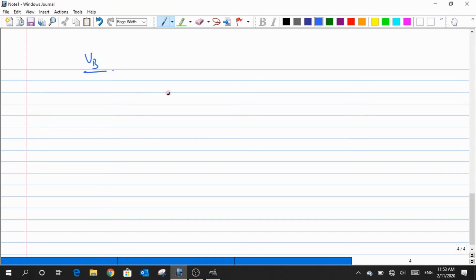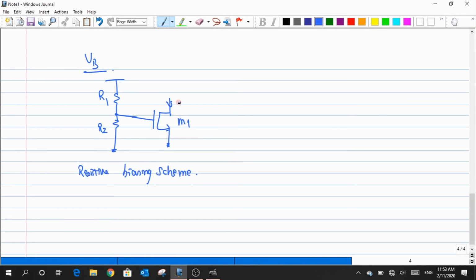I could generate the value of VB by having some sort of resistive biasing scheme. Okay, so whatever scheme that I have here in order to generate the value of VB is known as simple resistive biasing.